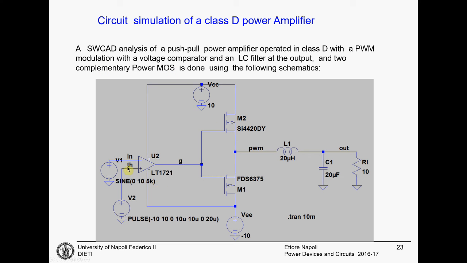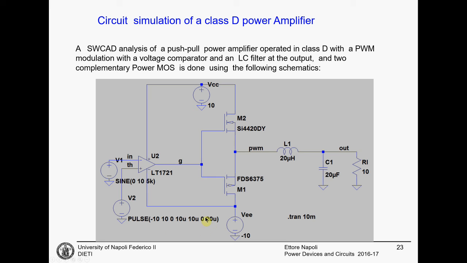We have the input signal, this sinusoid, with a frequency of 5 kHz. This is the comparator input waveform, a triangular wave.